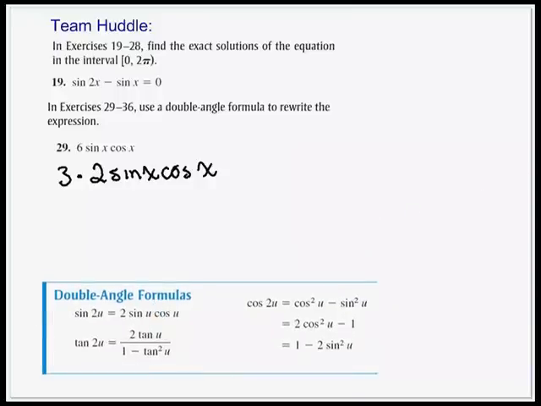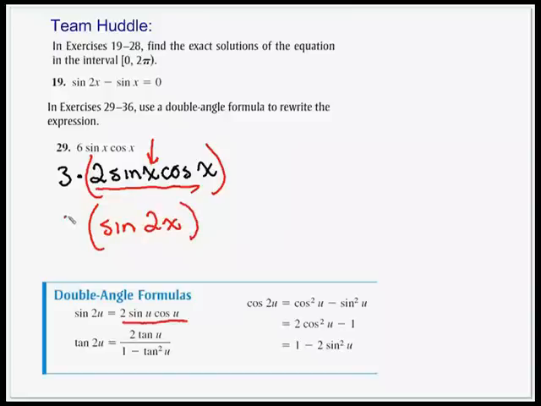So now if we focus in on just this 2 sine x cos x, I can replace it with the sine of twice this angle. So all of this becomes the sine of 2x. And we still have this 3 in front. So that becomes 3 times the sine of 2x.